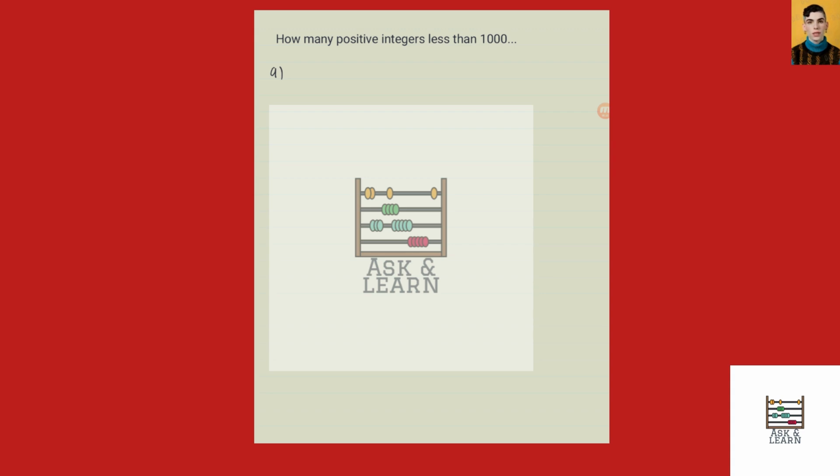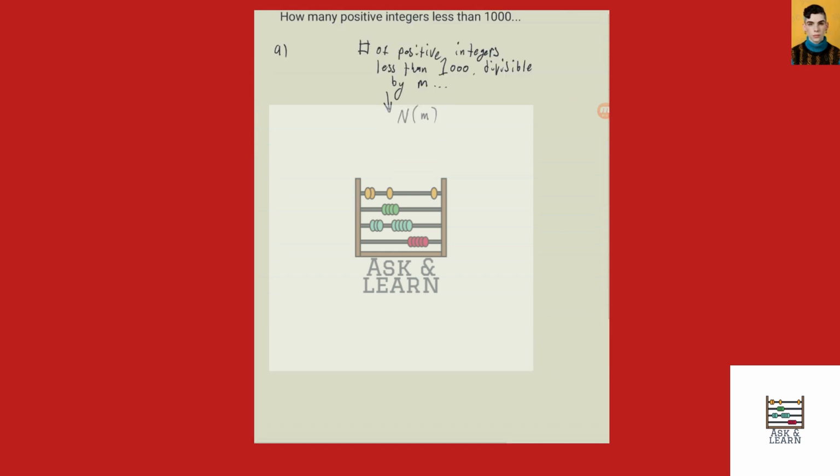Let's say that the number of positive integers less than 1,000 divisible by, let's say, m, I'll write as capital N of m, and then I'll use our logical notation for doing things like or and exclusive or.